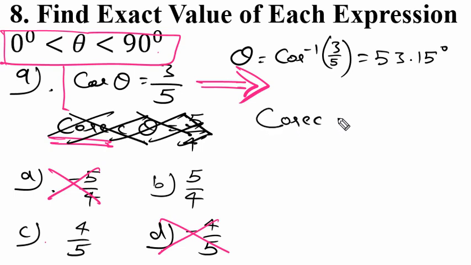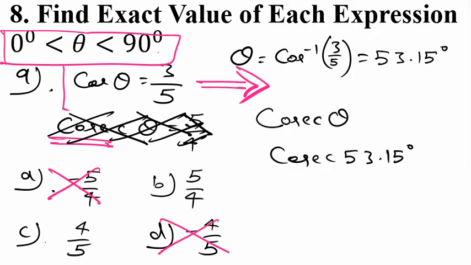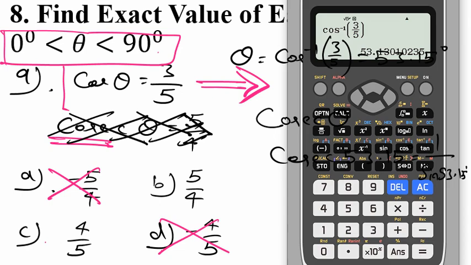Okay, so I had to find cosecant theta. So cosecant of 53.15 degrees. Let me check, do we have that option? We don't have cosecant on the calculator, so I will find sine, because cosecant is nothing but 1 over sine of 53.15 degrees, right? So let's just do that.